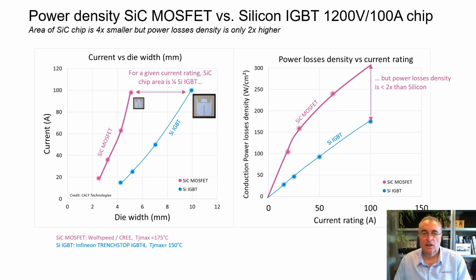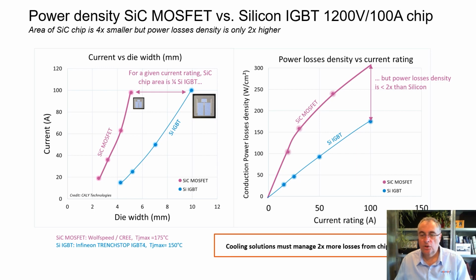On the right-hand side, we observe the power loss density in watts per square centimeter as a function of current rating, where we can see that SiC MOSFET has power loss density approximately twice that of silicon. So as a conclusion, the cooling solutions must now manage twice more losses from chips that are 4 times smaller.